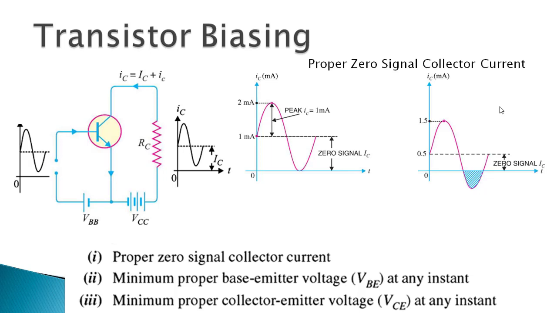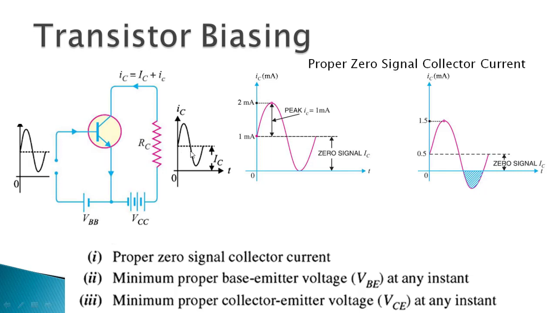So what we are going to do is, here we are raising the input signal by applying a DC. So a DC VBB is applied in the input side, so that the input positive cycle is positive, and the negative cycle is also positive. So in the output side, the waveform shape is not modified.